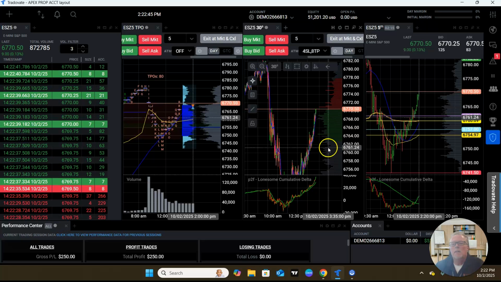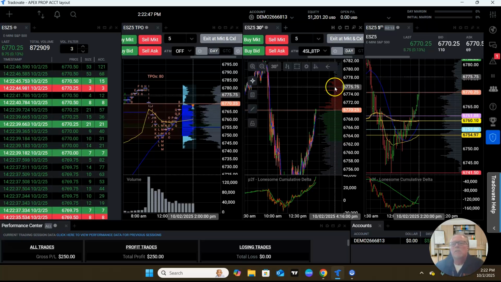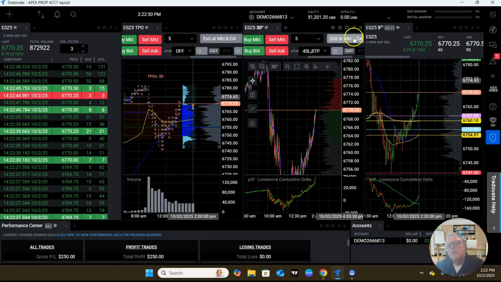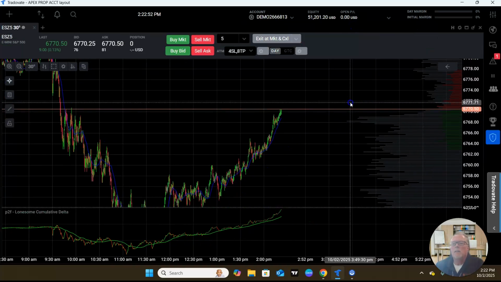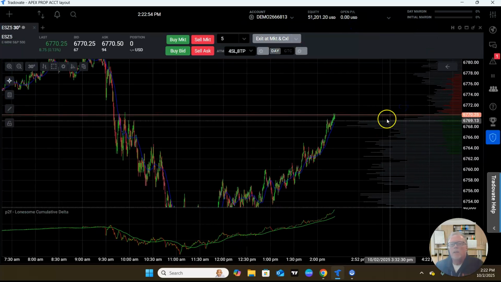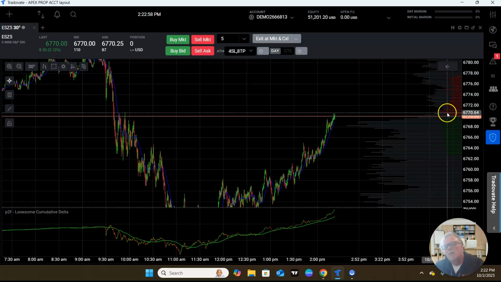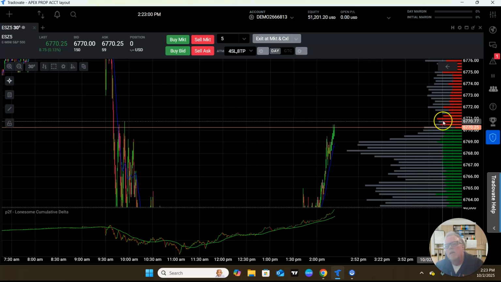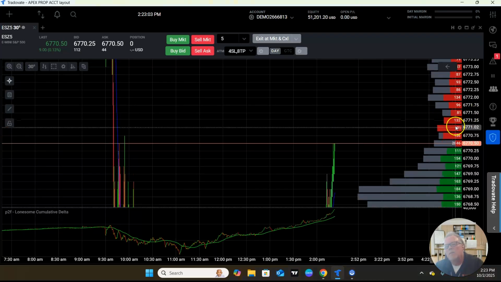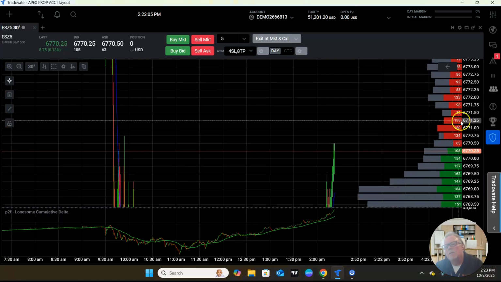The red and the green on this middle chart shows me, let me blow this up, in fact, this shows me that same ledge. This shows me sellers are willing to sell at this level. They're stacking up right there. You can see, and we can blow that up and see exactly how many are sitting there if we wanted to.